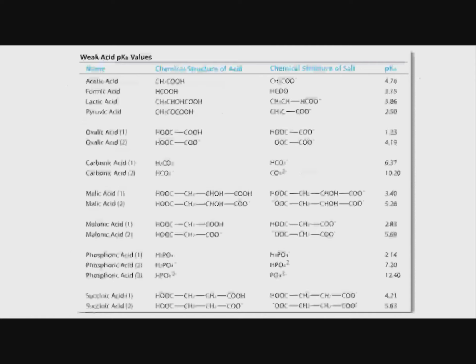Strong acids, such as HCl, completely dissociate in water. If we add 0.1 moles, and if you don't remember what a mole is, it's 6.02 times 10 to the 23 molecules, of HCl into a solution to make a liter, we'd have a 0.1 molar solution of hydrogen ion, because HCl completely dissociates.